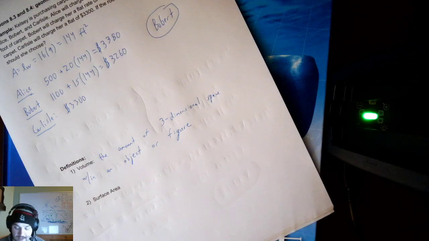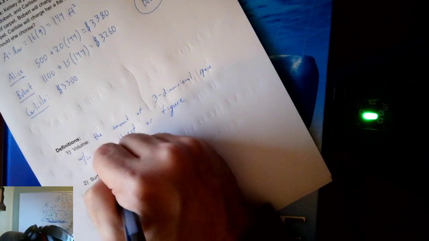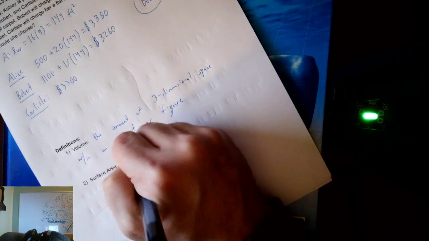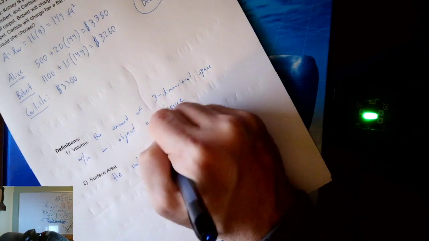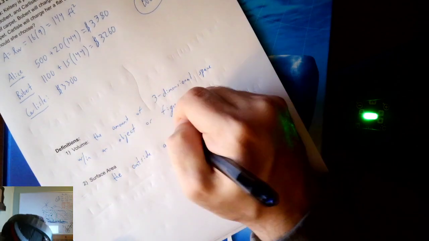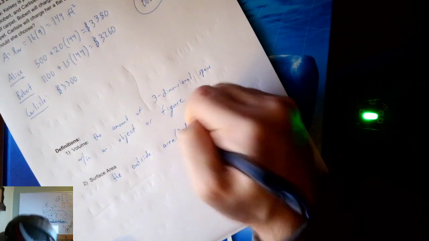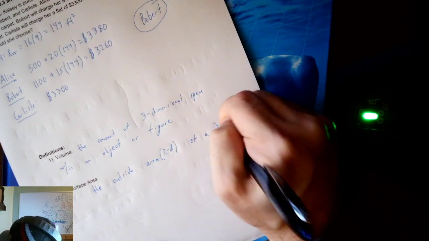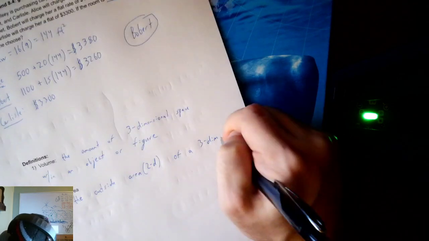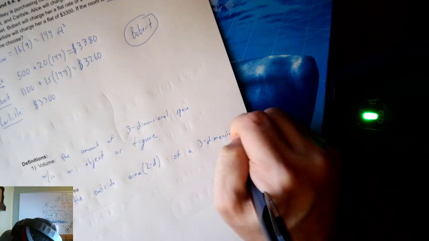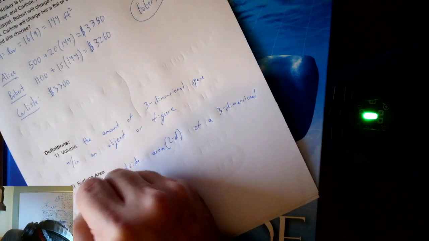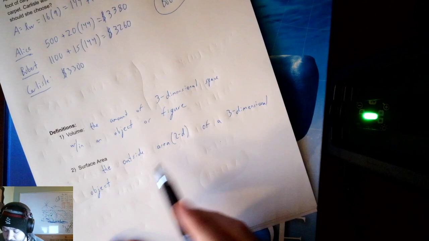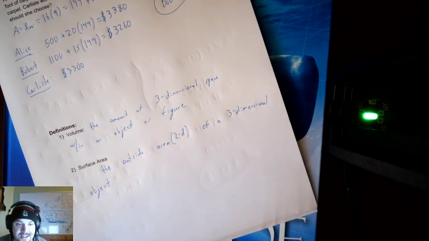Surface area, on the other hand, is the outside area. Remember, area is two-dimensional. It's the outside area of a three-dimensional object, the surface area.